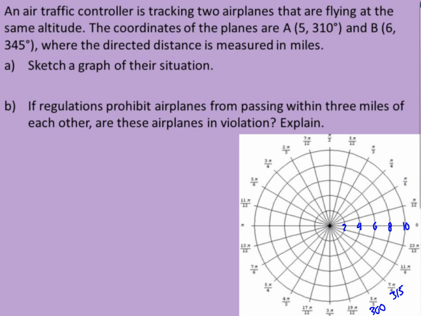So it's going to be closer to the 7 pi over 4, and we are going to go out to 5, so halfway between rings 4 and 6. This would be point A. Point B is at 6 and 345 degrees, so we would be here.